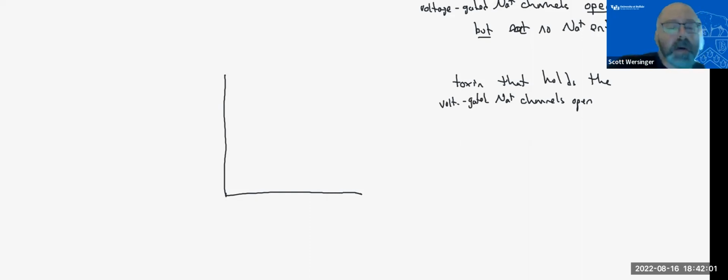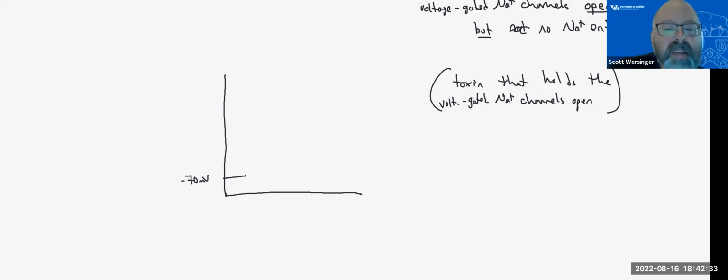There are some marine snails, for example, that have toxins that actually do this. There's a bird that has a toxin that does this. So if we have one of these toxins, we're at rest. Now I want you to think for a second, how is my trace going to change?